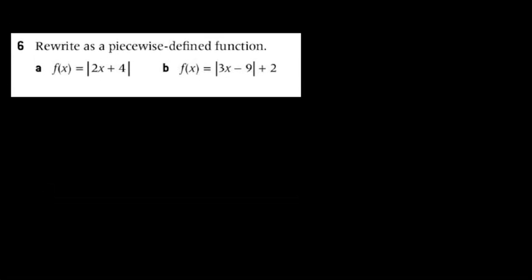Number 6. Rewrite as a piecewise defined function. Okay? Let's go ahead and split up these two. Next, f of x equals 2x plus 4, and f of x equals -2x plus 4.